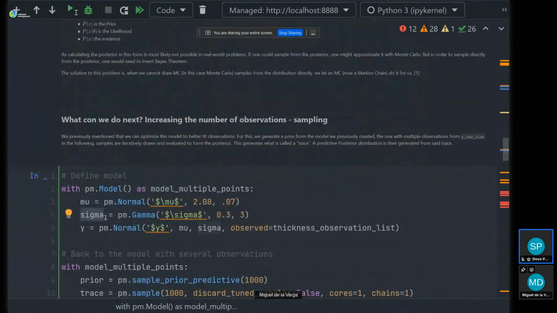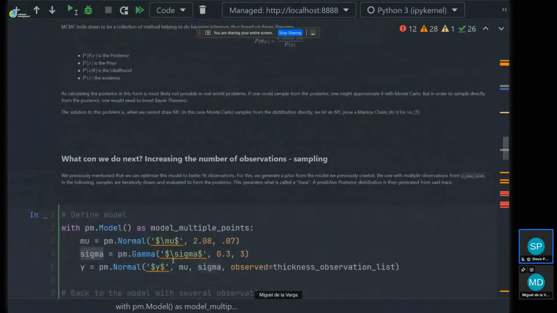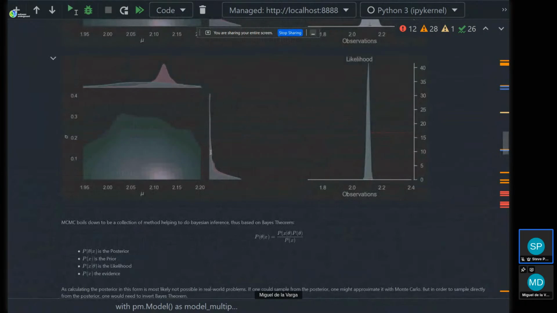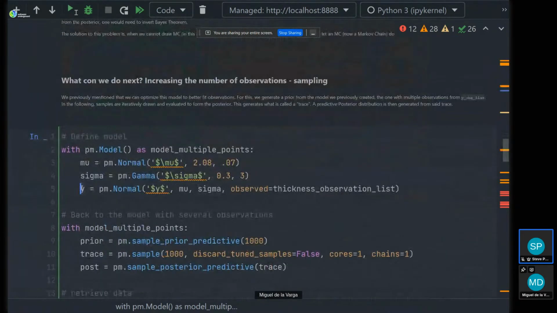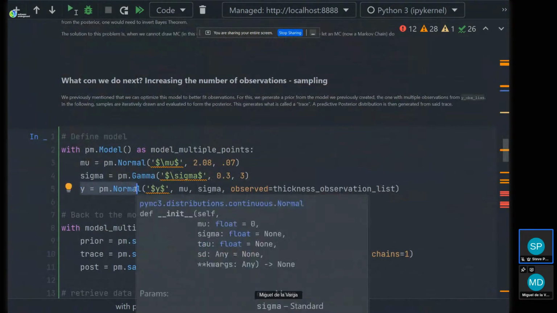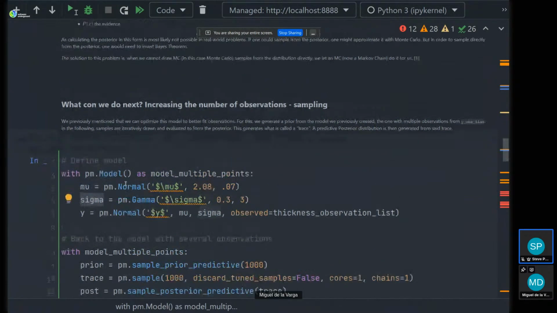Sigma is basically the prior distribution that represents the uncertainty of our data, so this blue distribution. And Y is a normal distribution that takes as mean the value of our mean prior, and as a standard deviation, the sigma of our sigma prior.